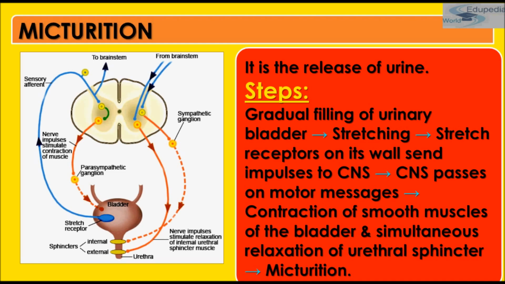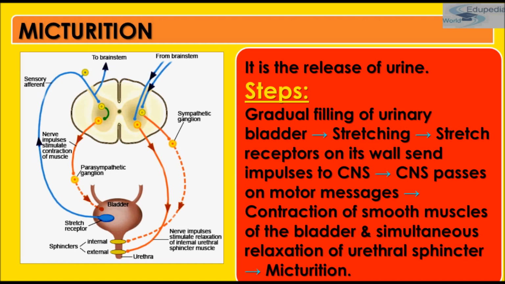It is a reflex process, but in grown-up children and adults it can be controlled voluntarily to some extent. Remember, to some extent it can be controlled voluntarily. Before going through the steps of micturition, I would like to tell you about the nerve supply to the urinary bladder and sphincters.